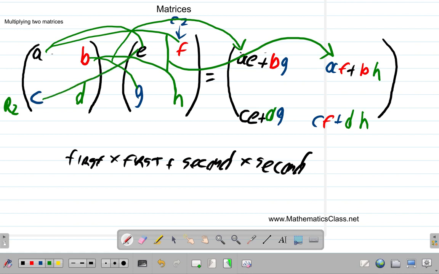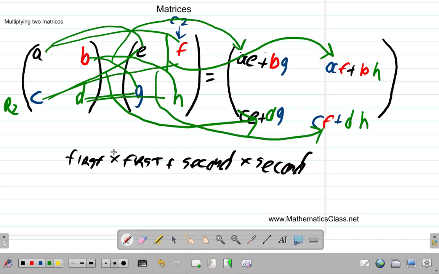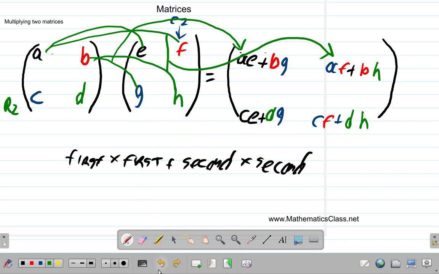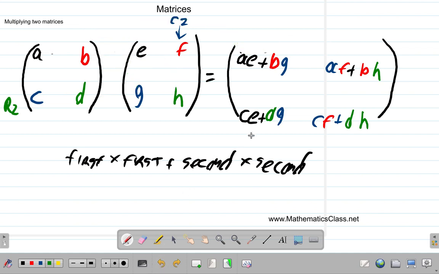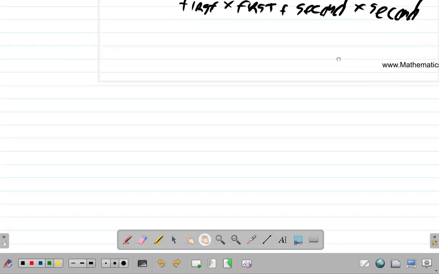Then CE plus DG will give you this. Then CF plus DH will give you this. Alright. So those are what you have. You multiply one matrix by the other matrix, and this is what you get. How about we try some numbers now?